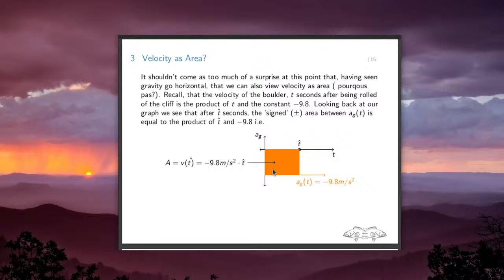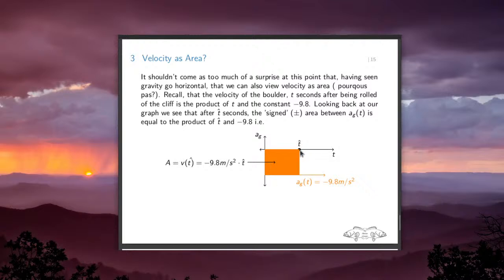And notice that for any time, however much time we want to let this thing fall, it's always just going to be the product of that constant acceleration times the number of seconds. And that's always going to be a rectangle. So that means we can view the velocity of this falling boulder as the area underneath this curve.